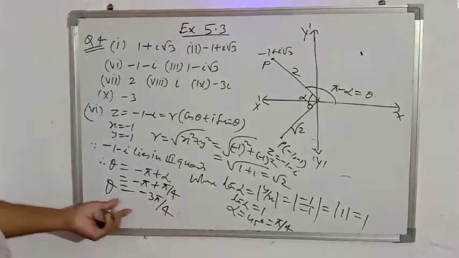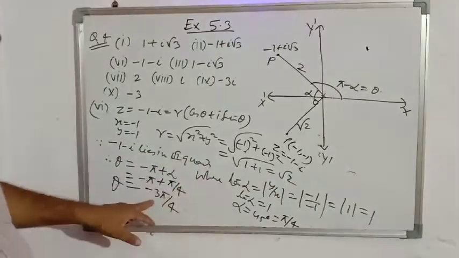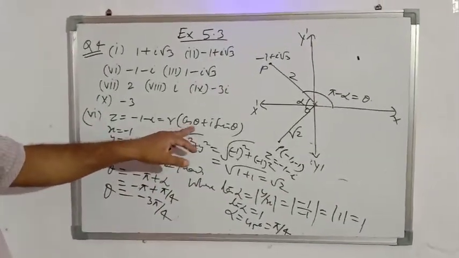So theta is this. Amplitude is this. Now we will put the value of r as root 2 and theta as minus 3 pi by 4 in this.